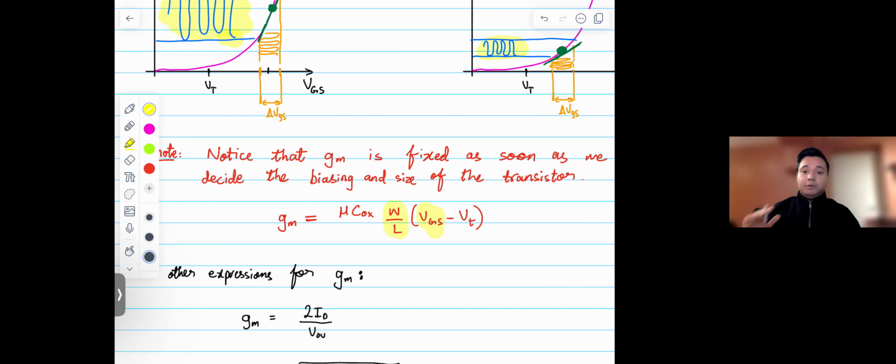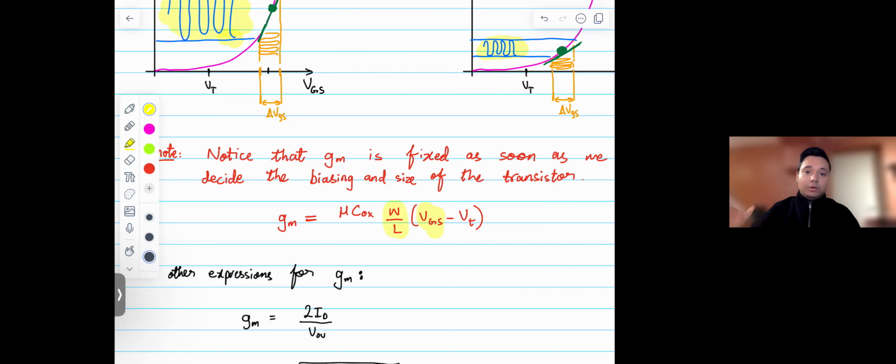Even though GM is a small signal parameter, the DC voltage at the gate, or the VGS of the transistor, basically the DC value of VGS, and the size of the transistor, looking at this expression, once you set those two quantities, your GM is now fixed.